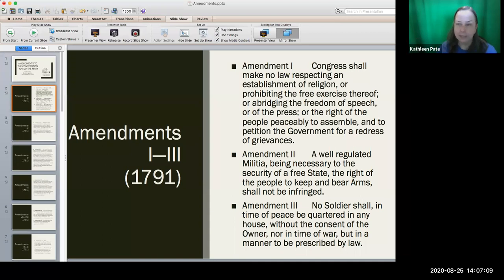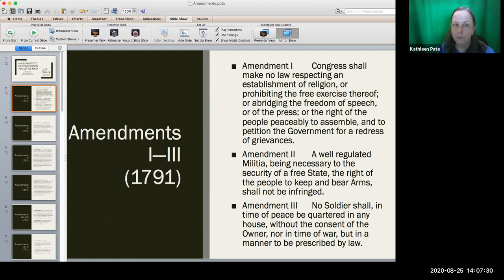Not asking, they were just saying, these soldiers are now going to live in your home. So the leaders of the United States were very concerned about those things happening again. They wanted to specifically prohibit them.